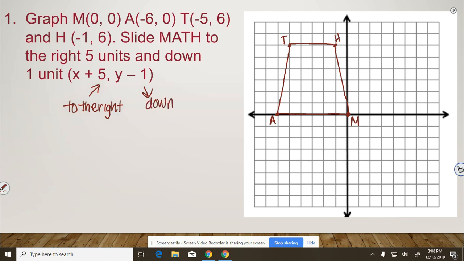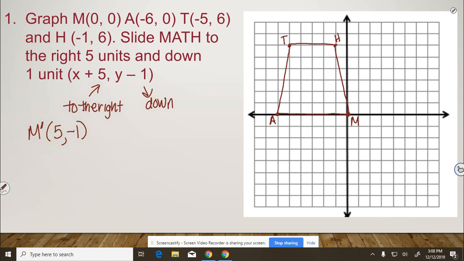We could start by rewriting the coordinates. So if we have M, that's going to become what's called M prime. That prime symbol designates that a transformation has occurred. Starting at 0, 0, we're going plus 5. So 0 plus 5 is 5, and 0 minus 1 is negative 1. So our first coordinate M prime is going to be 5, negative 1.